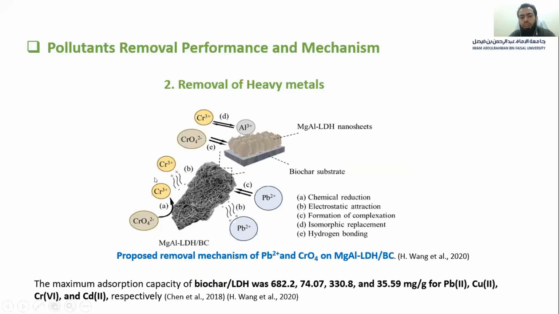And most of the anionic chromium is attracted by electrostatic attraction and forms hydrogen bonding. So based on this mechanism, the removal is comparatively higher. You can see here, the maximum adsorption capacity of LDH biochar composite is around 680, 74 and 330 for different heavy metals, which is comparatively better compared to other types of adsorbents.